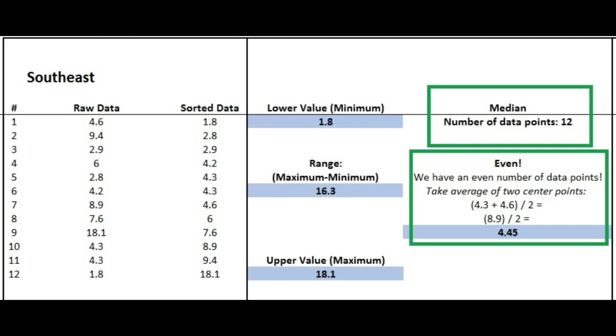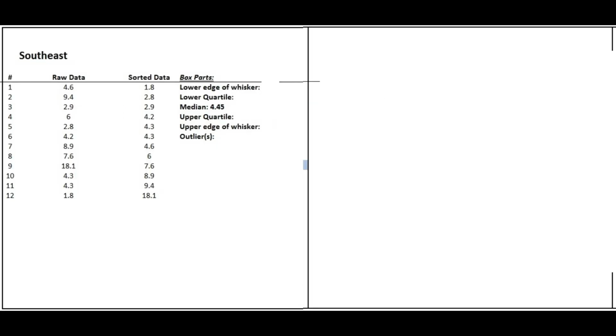You see that little hashtag up there? I number my data points to help me remember, okay, this is my first one, these are my middle points, and so on and so forth. But 4.3 plus 4.6 is 8.9, divided by 2 is 4.45. All right, so now we have a median, 4.45.